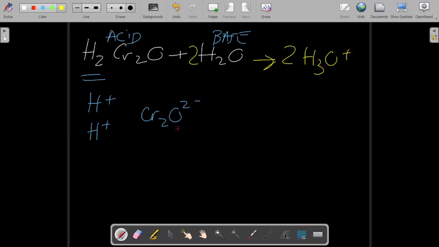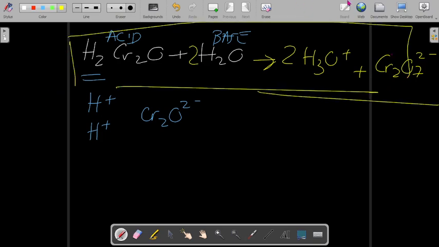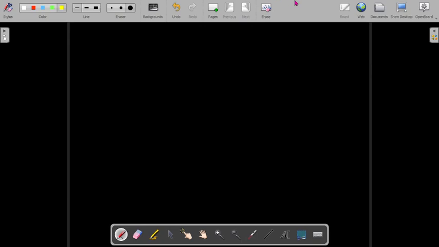And then the polyatomic ion that's left over, the dichromate ion, Cr2O7 2 negative. And that's the answer. That is all you needed to do. So in a way, they're kind of easier than the ionic bases, creating a salt and a water. At least to me, they look a little bit easier.